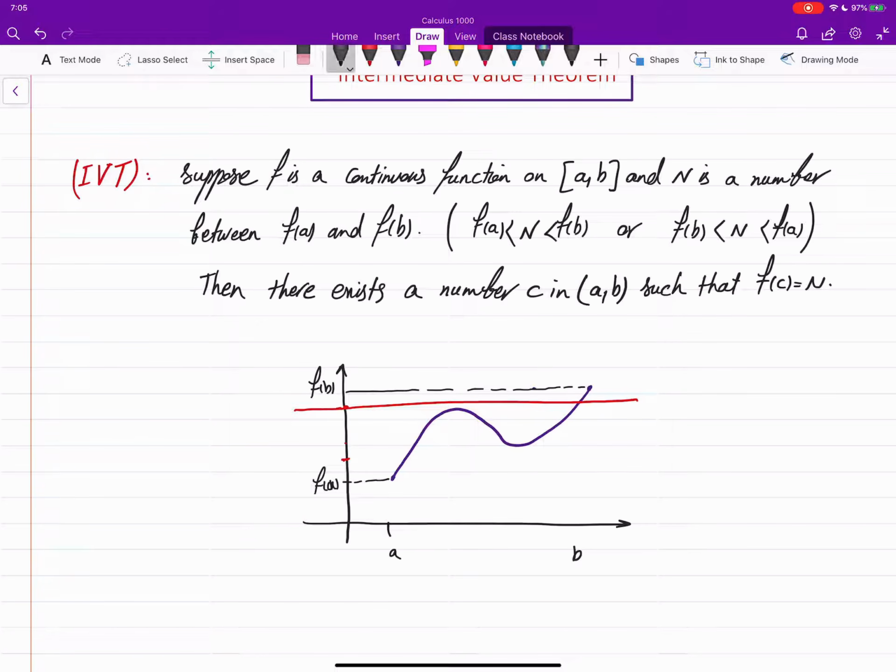So here you see, in this case, this is intersecting with the graph, and this is what c is.